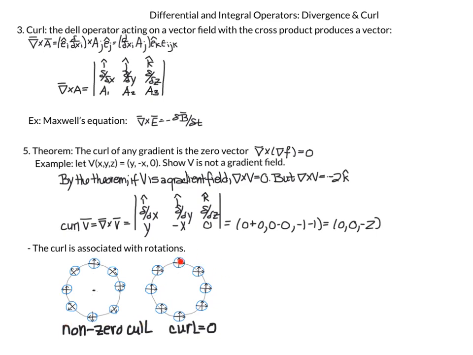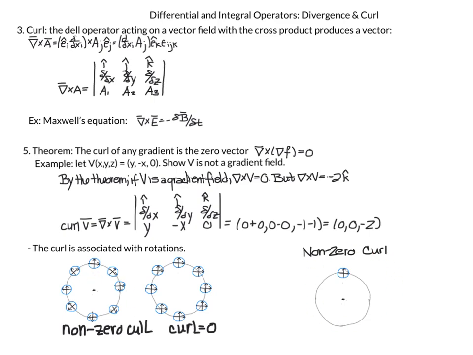Contrast this with this disk in a different flow. We put this disk in a different flow, and it still makes this circle. However, the disk itself does not rotate. The arrow that points north keeps pointing north. So this is an example where even though the disk is traveling in a circle, the curl is 0. And here I have the non-zero curl.